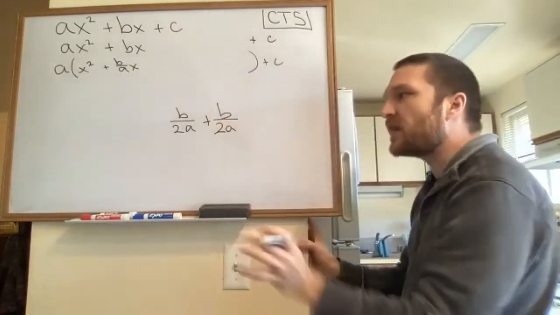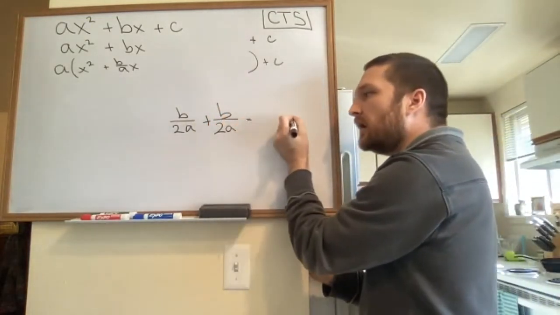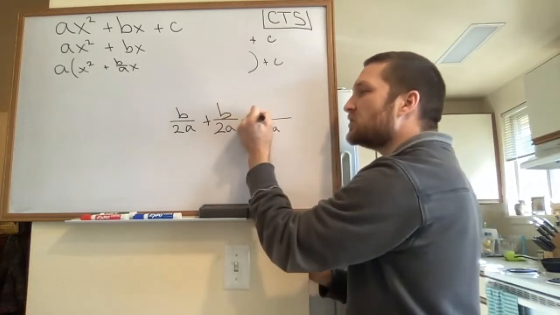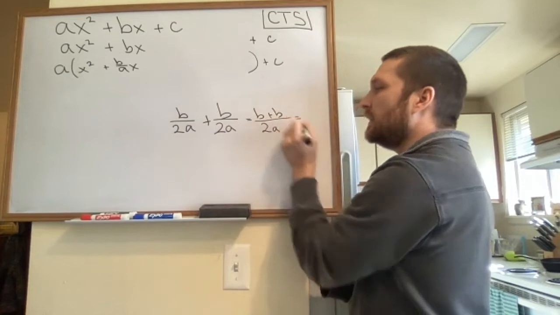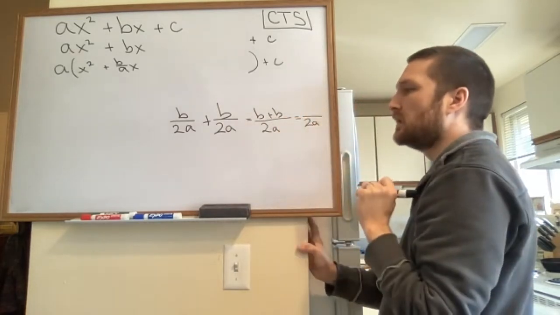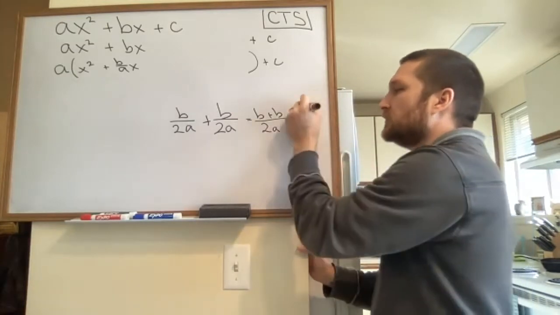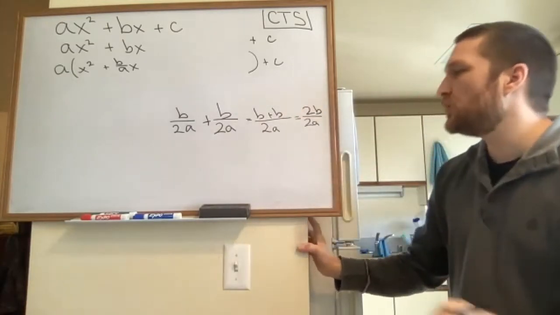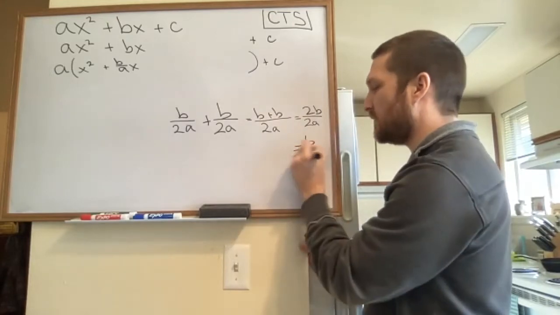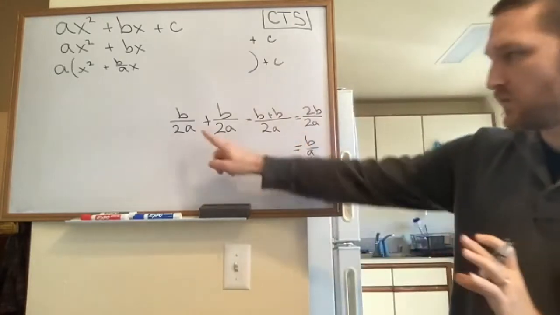Let's just make sure that that's true. Okay. Common denominator means I could do this. b and b is just b plus b. b plus b is how many b's? 2b. 2b over 2a can be reduced to what? b over a. Okay, yeah. So this feels right.